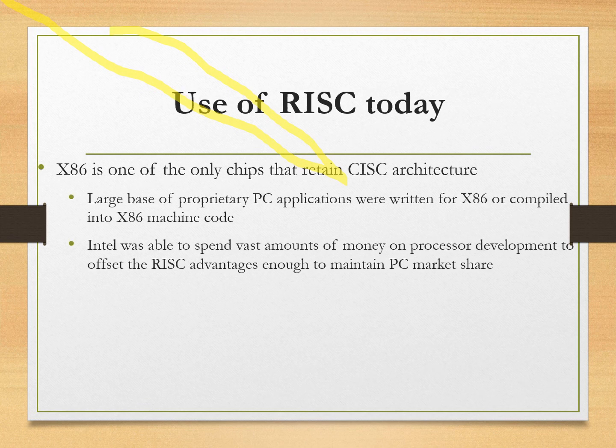Now, the use of CISC today: the 8086 is the architecture still used today for the desktop, and it retains the CISC architecture, where the large base of proprietary PC applications were written in x86 or compiled into x86 code.